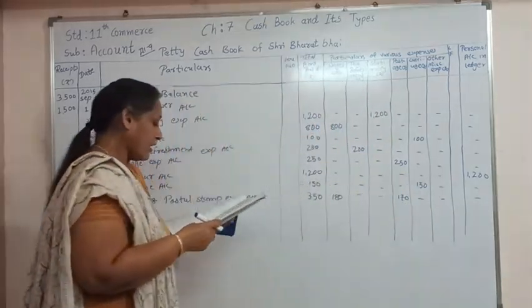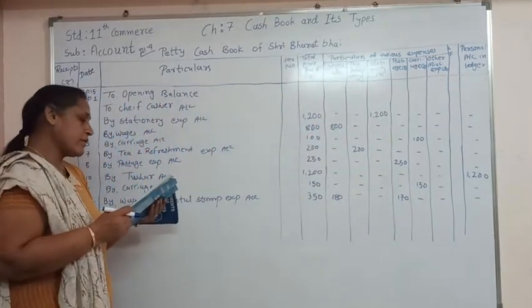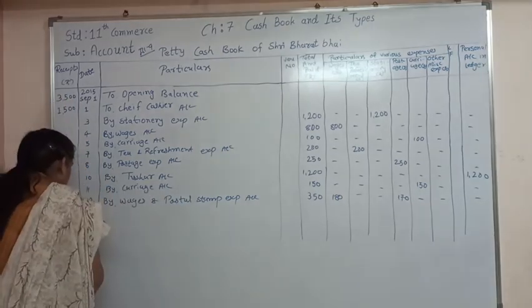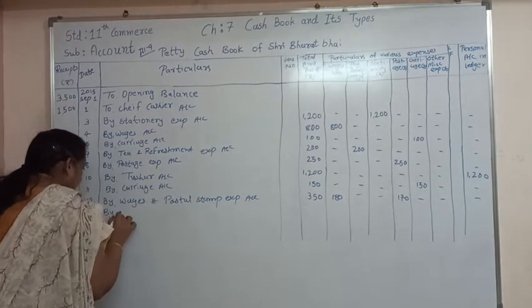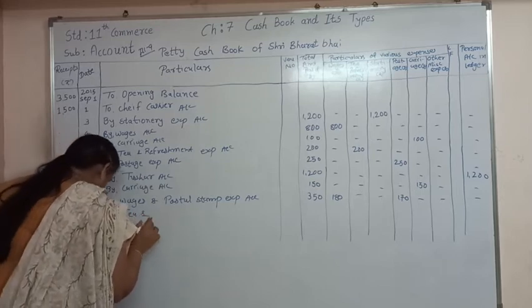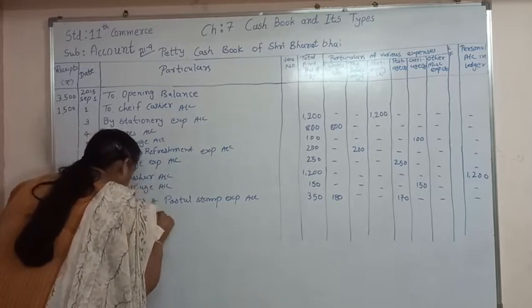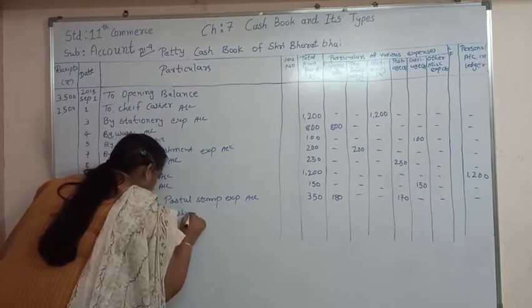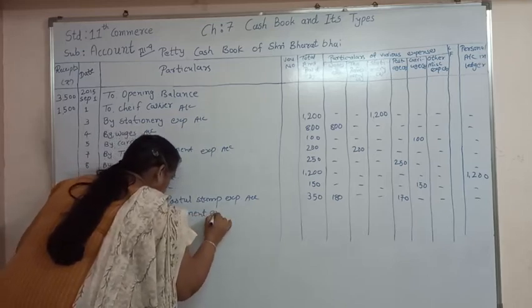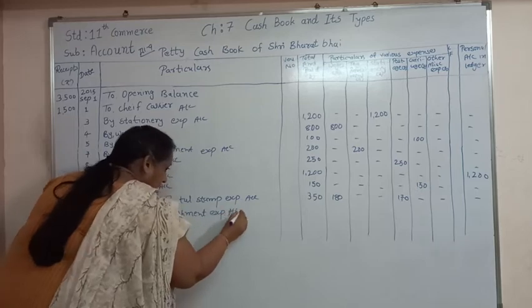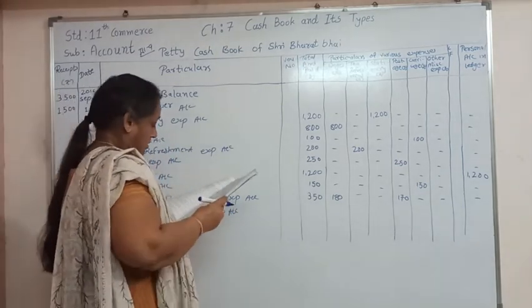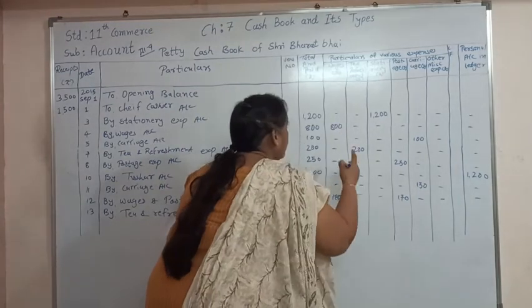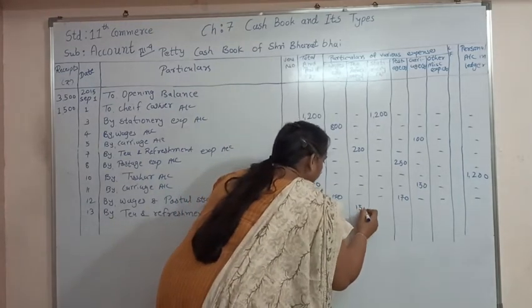Now on 13, rupees 150 paid for tea and refreshment expense. 13, by tea and refreshment expense account, 150, and tea and refreshment 150.